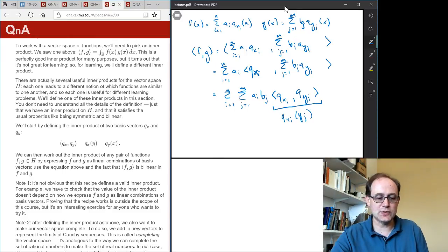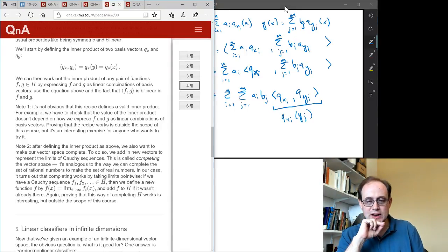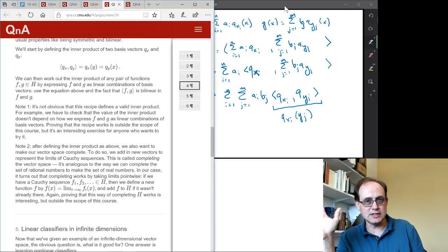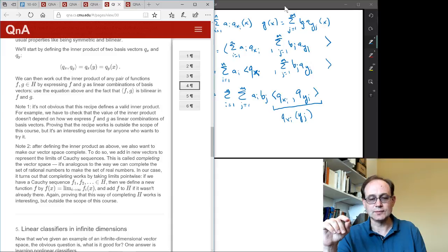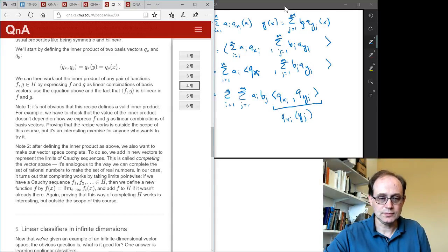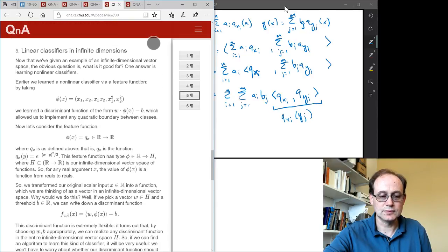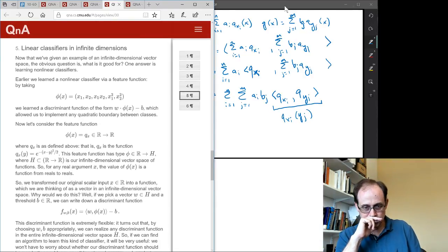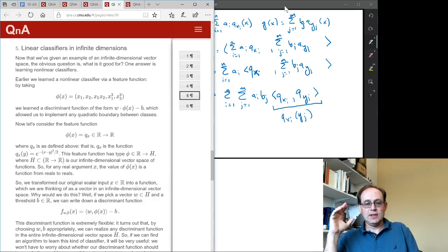I sketched the recipe in this note 2 here, but I'm not going to go over it because that's, again, outside the scope of this course. All right. So that gives us a nice example of an infinite dimensional vector space.